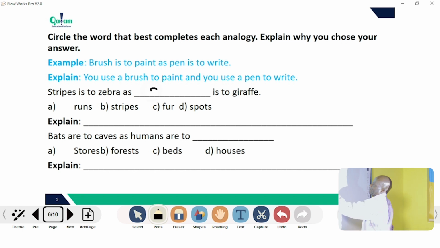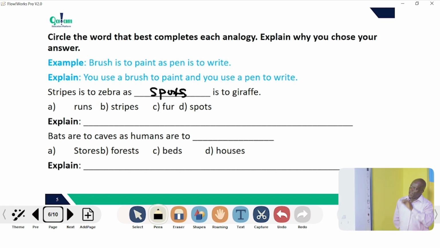Spots. You see, a giraffe has spots, while a zebra has strips. Yes, that is the explanation. Now do for me these other ones.